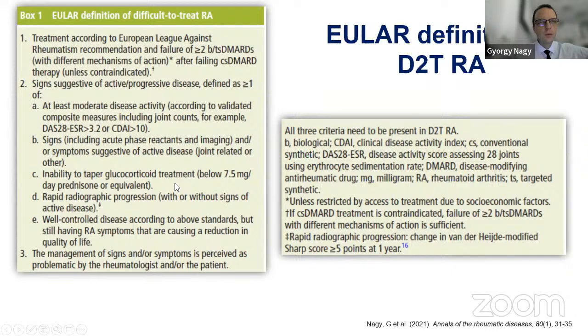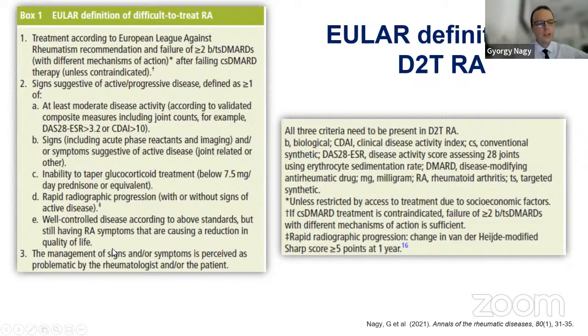C is inability to taper glucocorticoid, a middle dose of 7.5 prednisolone or equivalent, which is 6 milligram methylprednisolone. Rapid progression is the 4th. And the last one refers to non-inflammatory symptoms, which says that the disease is well controlled, but the patients still have significant problems which are causing a reduction in quality of life. So any of these 5 sub-items is enough to meet the criteria of difficult to treat disease.